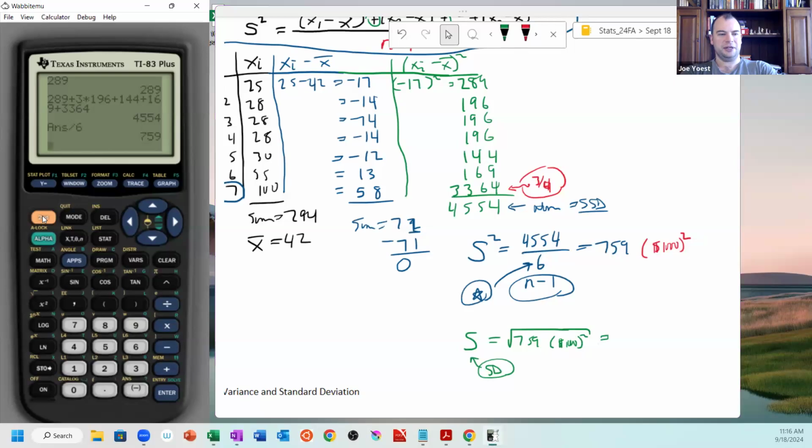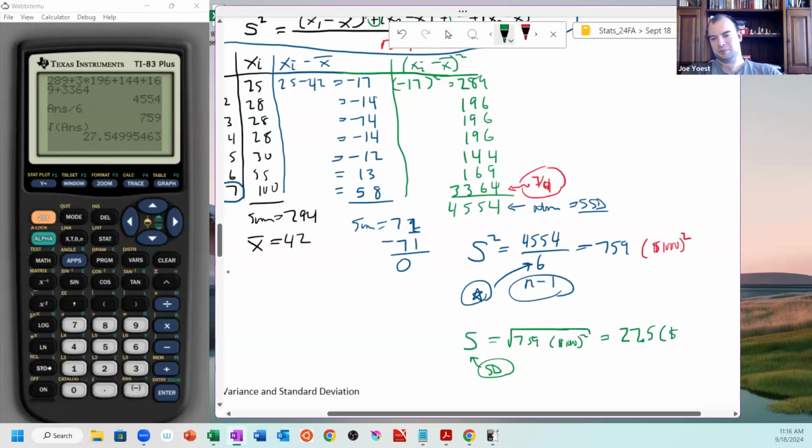I can come over to my calculator and just do second square root. I could type in 759, or I could do second negative sign where it says answer. That'll just pop in the previous answer. So if my previous answer was a messier number, I might just want to do this. 759 isn't too bad to type in, but if it was an annoying number to type in, I could just do this. Gives me about 27.5.